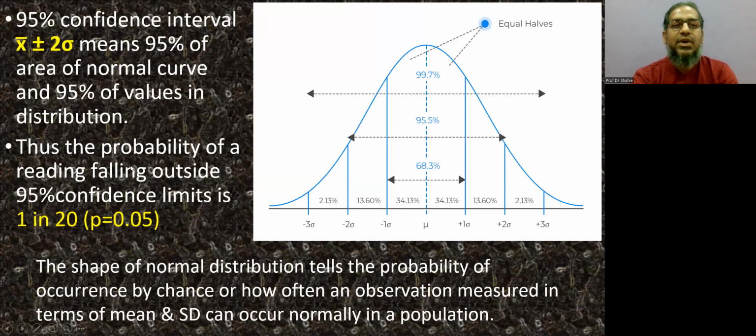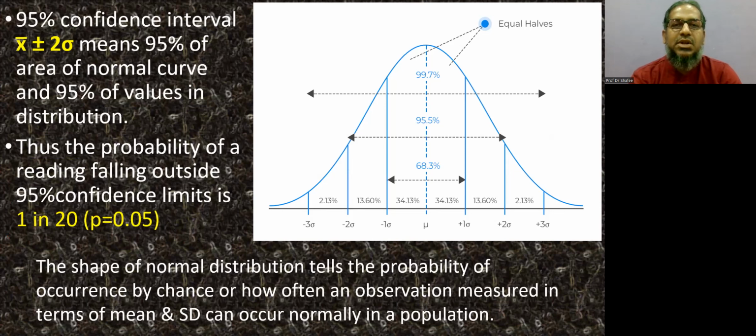Thus, the probability of a reading falling outside the 95% confidence limit is 1 in 20. So the p-value will be equal to 0.05. When the p-value is less than 0.05, the observation is likely to fall outside this range of normality, that is ±2 standard deviation from the mean.